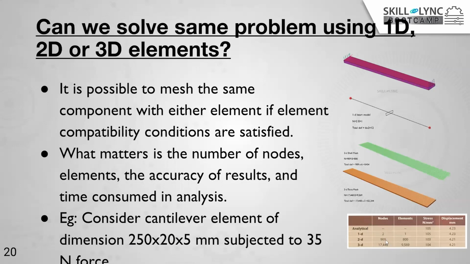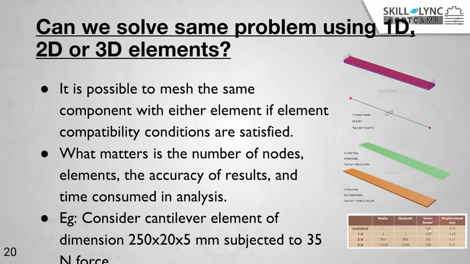Just see the difference: from 2, it increased to 909 for 2D, then 17,000 for 3D. This is a simple beam model I'm talking about. Just imagine when you are modeling components as big as an aerospace component or a car or any automobile component, how much difference it will make if you use 3D elements where you could do it with shell meshing also.